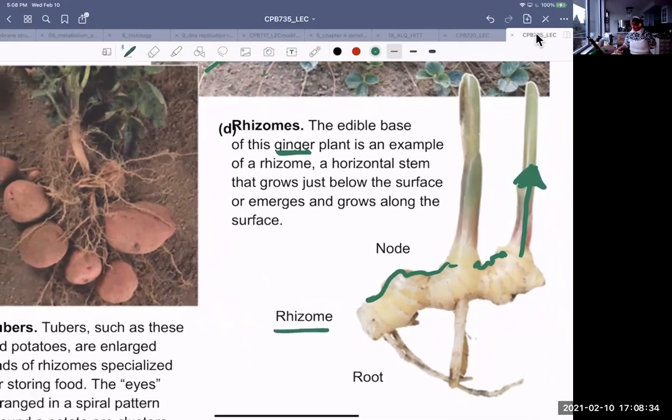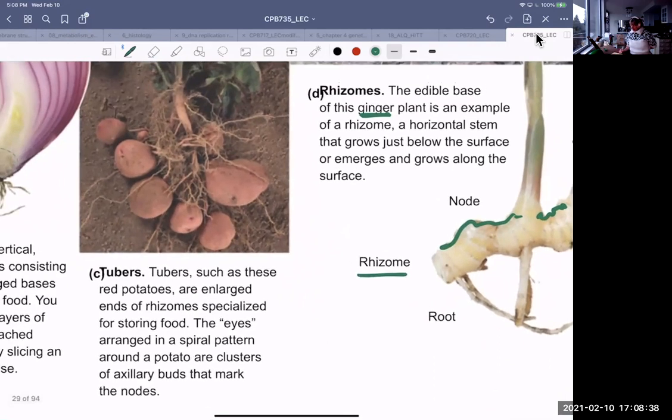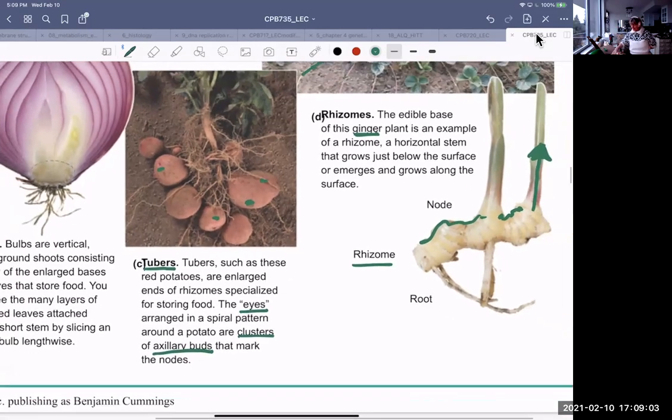It's a modified stem. Tubers are modified stems. They have eyes. I don't know if you've ever noticed in your potatoes, they have these spots that are invaginated there. They're clusters of axillary buds. That's why if you planted one of these, you'd grow a bunch of potato plants.